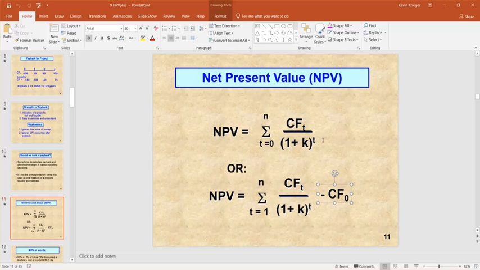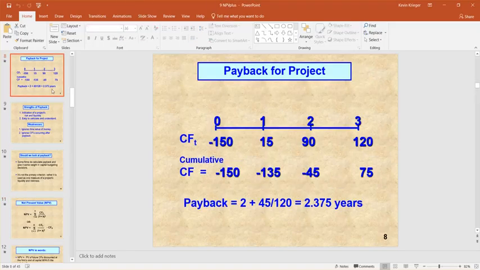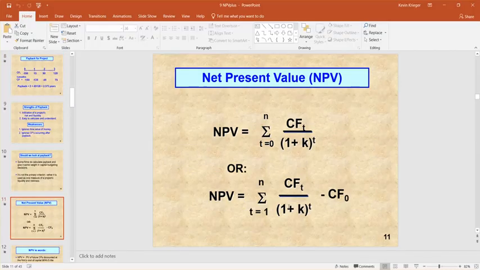Which is a long way to say that you can think of CF0 separately as its own thing, and it does not need to be divided by 1 plus k. For every other cash flow, you just take into account what period it occurs at. So if you're talking about, say, $90 at time 2, you would divide $90 by 1.10 squared, because that's how many periods away your $90 is in that case.